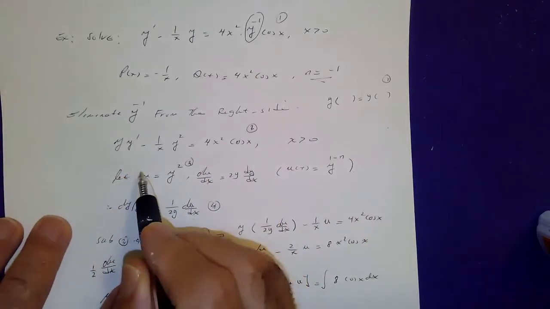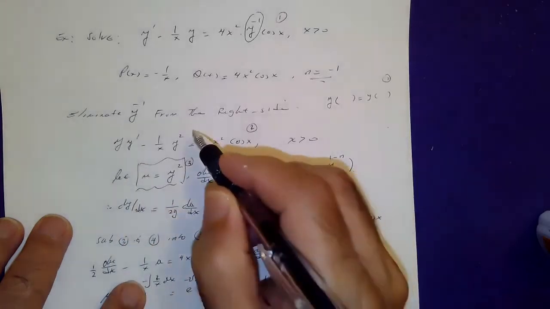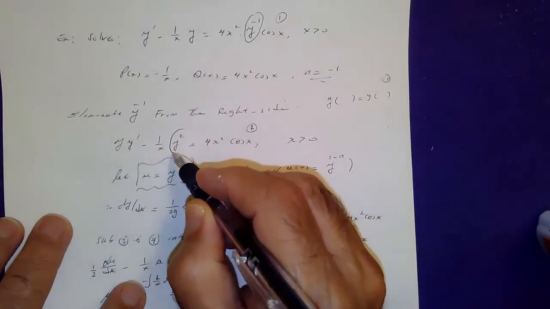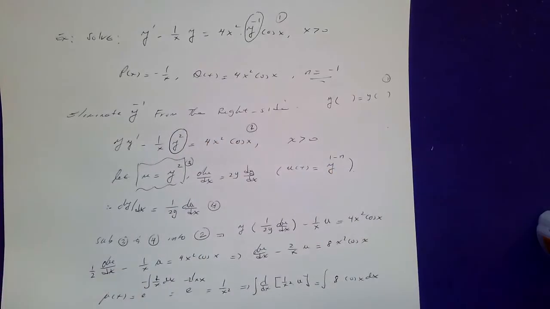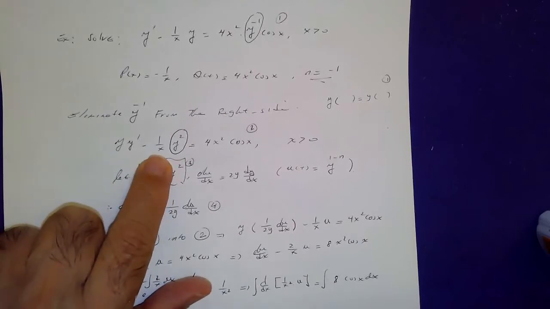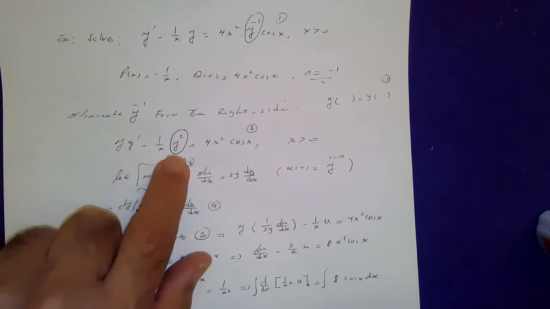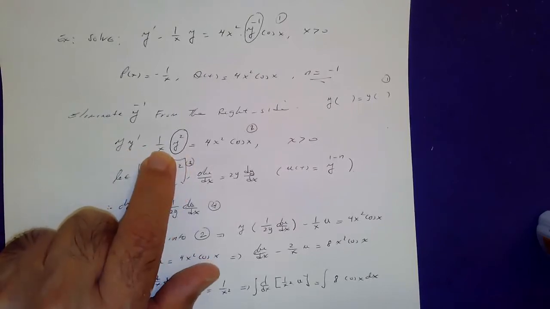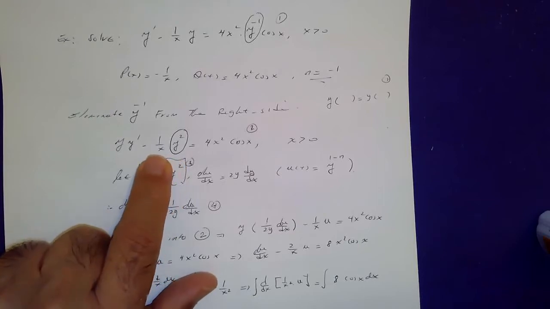Notice there is no more y to the negative 1 on the right side. Then you make a special substitution. Let u be this guy. Let u be the coefficient of the function of x on the left side, not the coefficient of y prime, but the coefficient of p of x.